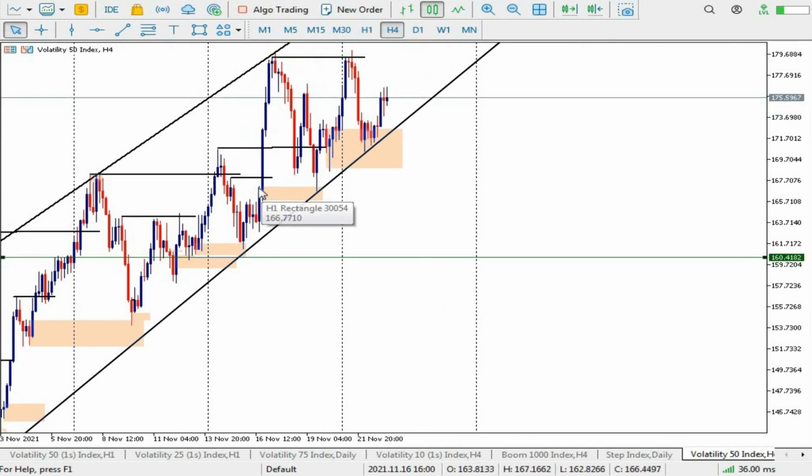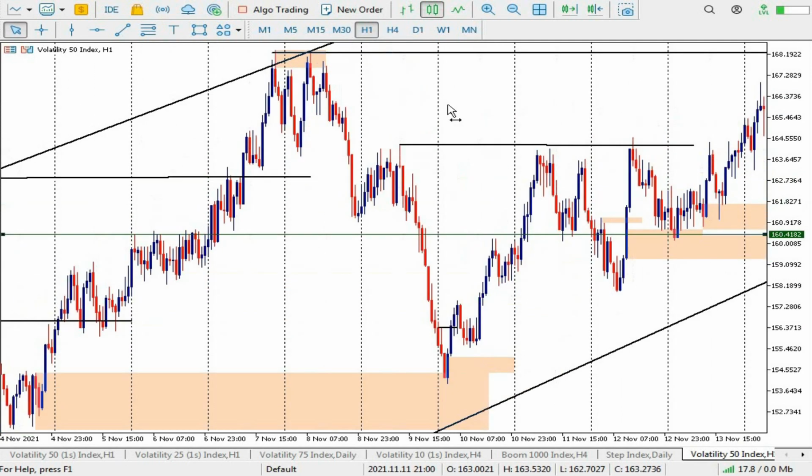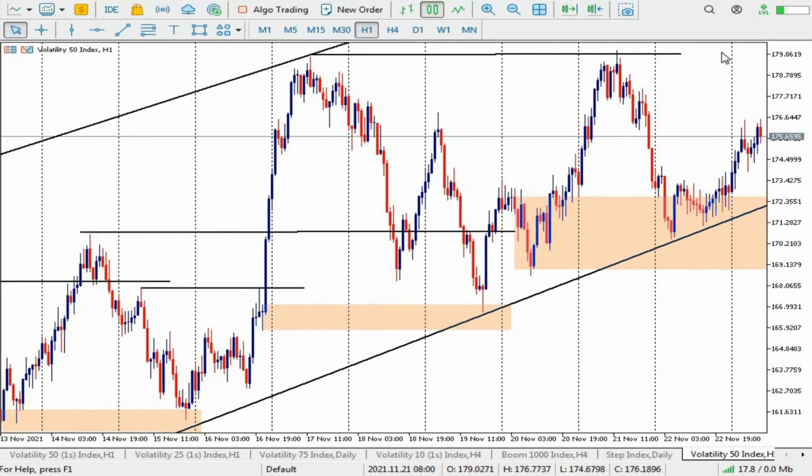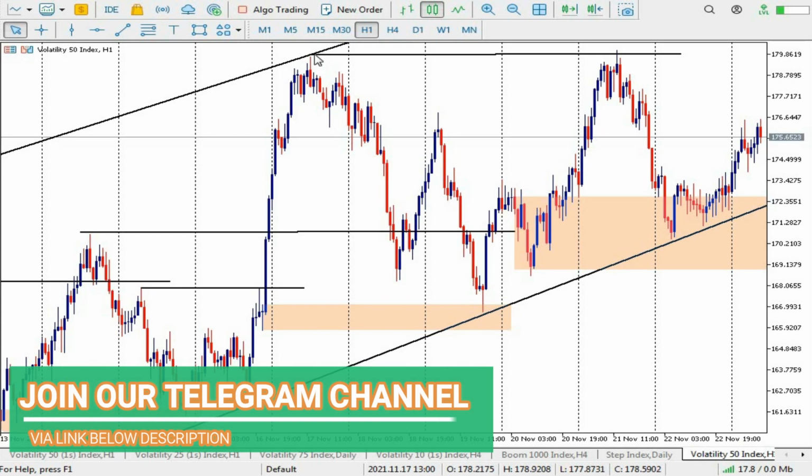So that's why I said there was an order block in a smaller time frame, and then the price didn't stop there. The price continued going up, and then you can see here is our last high. Let's go to a smaller time frame. Now we are talking about this one. This is where our last high was.